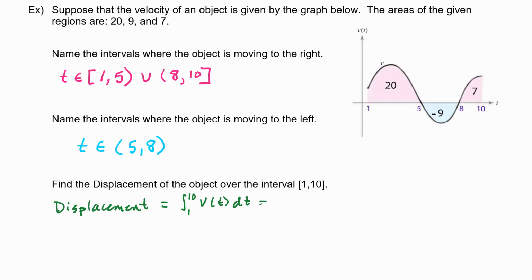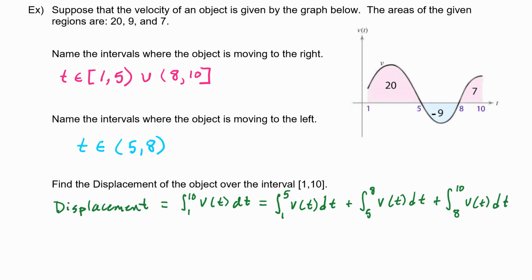We will need to break this up into the integral from 1 to 5 of v of t dt plus the integral from 5 to 8 of v of t dt plus the integral from 8 to 10 of v of t dt.